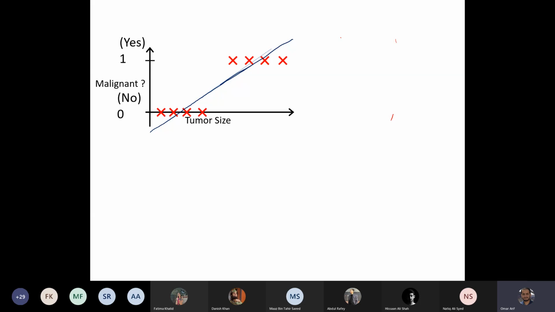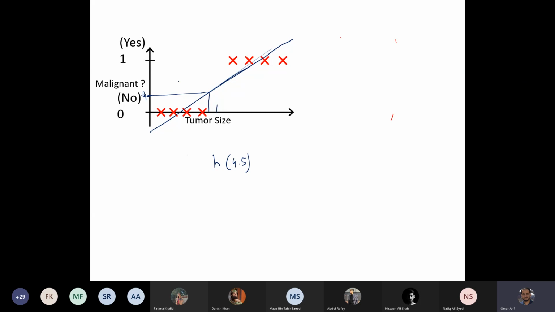If I now want to find the prediction of whether I have a tumor or not, and I say the size is, let's say, 4.5, then it lies over here, and it's going to tell me the value, maybe 0.3 or 0.4.